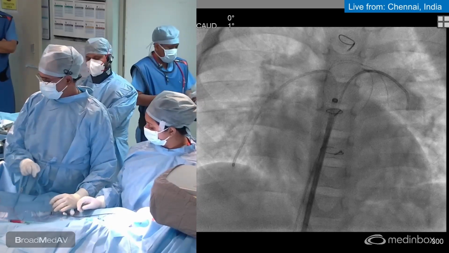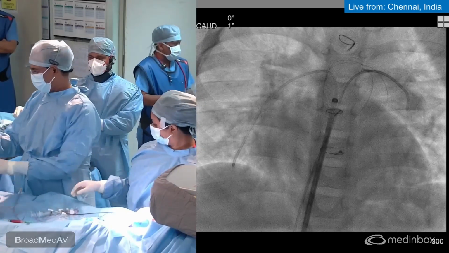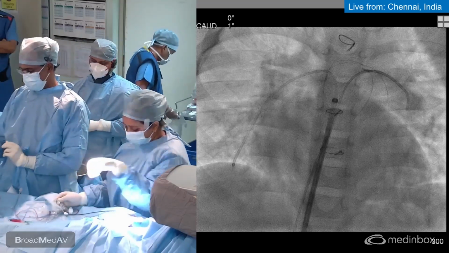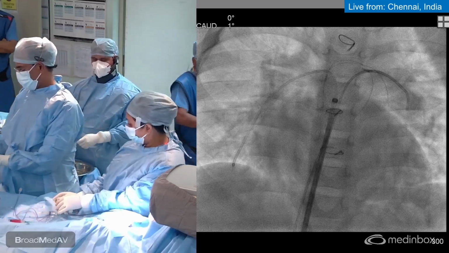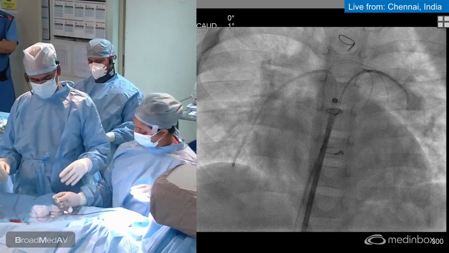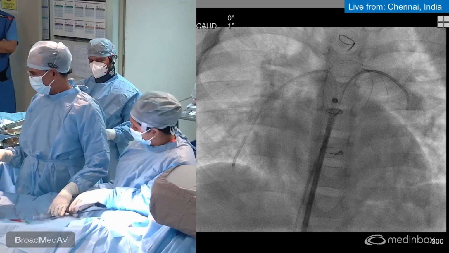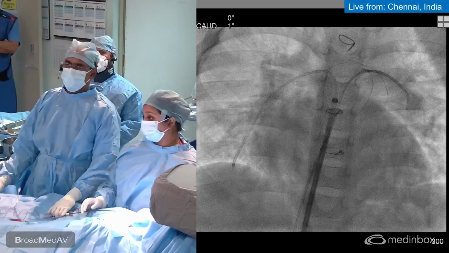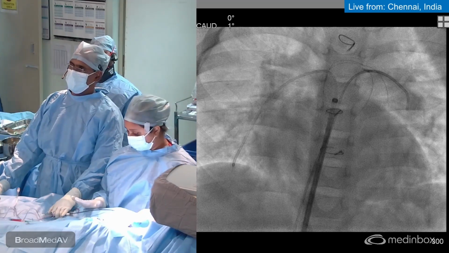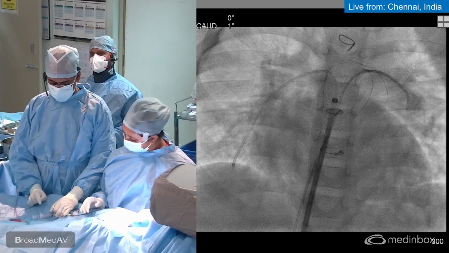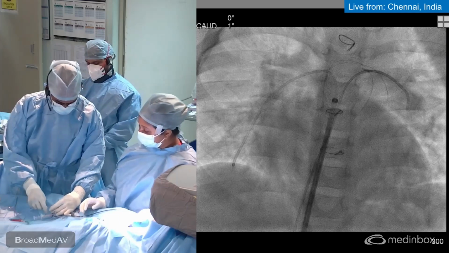So now at this point we'll change into an Amplatz superstiff guide wire. This Amplatz superstiff guide wire will be our workhorse for the stent angioplasty.